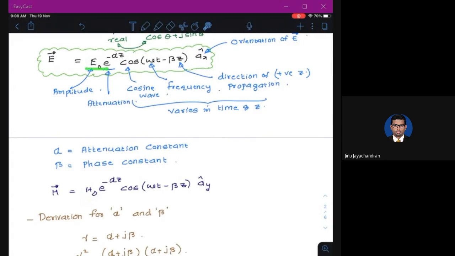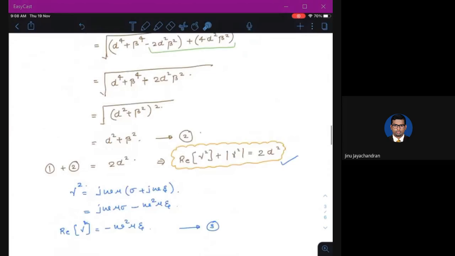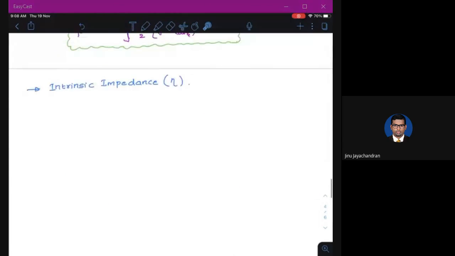Now, what is the relation between E0 and H0? Is there a relation? And actually, there's a relation. The ratio of E0 to that of H0 is the intrinsic impedance. Okay, so your intrinsic impedance eta is equal to E0 by H0.